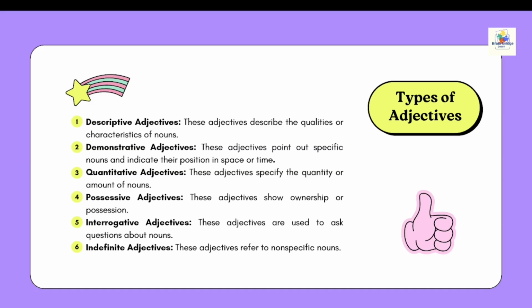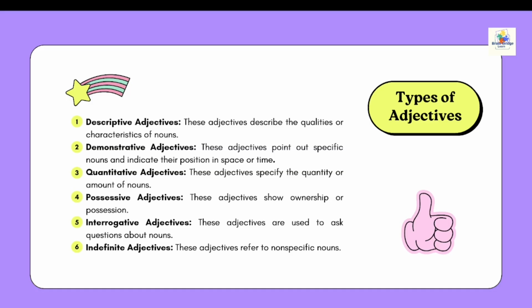Then we move on to demonstrative adjectives. These adjectives point out specific nouns and indicate their position in space or time. Here it can also be called a time adjective. Then we have quantitative adjectives.